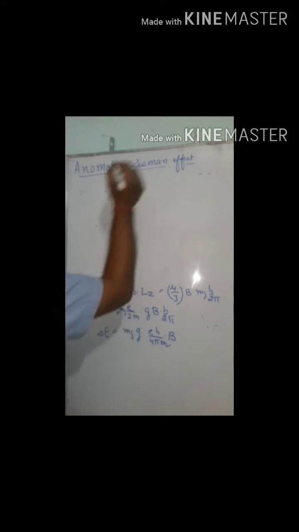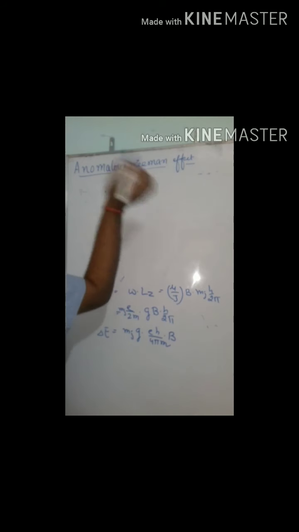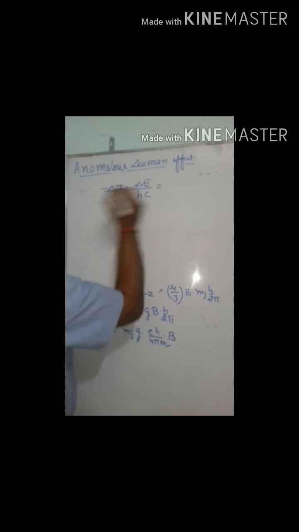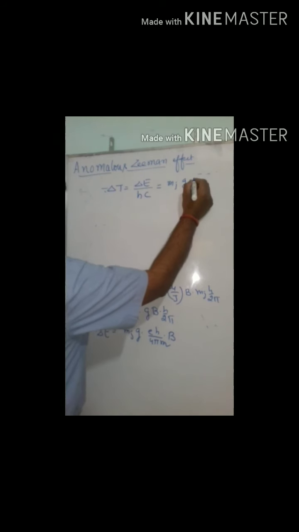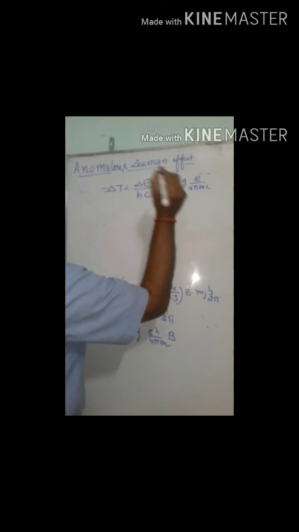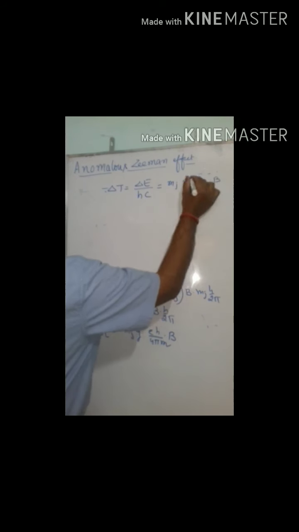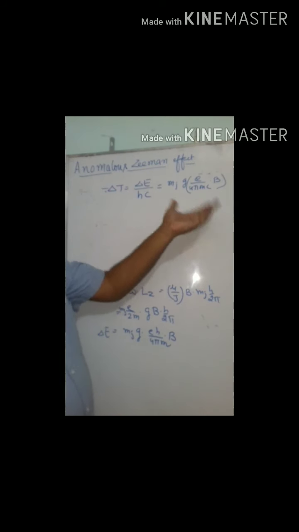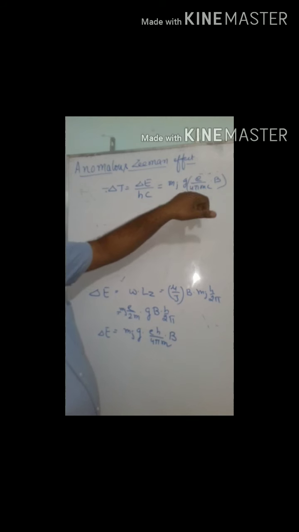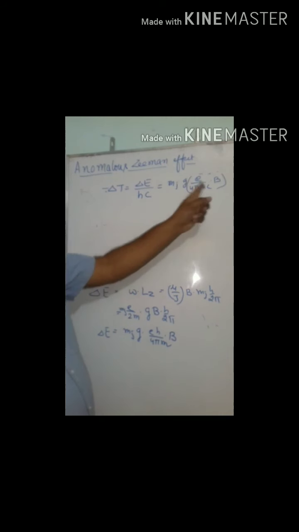Now delta T, that is the wave number terms, in terms of wave numbers is delta E upon h into c, and that gives you mj into g into e upon 4 pi mc into B, the h cancelled. Now if the magnetic field remains constant for a particular experiment, a particular transition, then e upon 4 pi mc into B is constant, where c is the velocity of light.